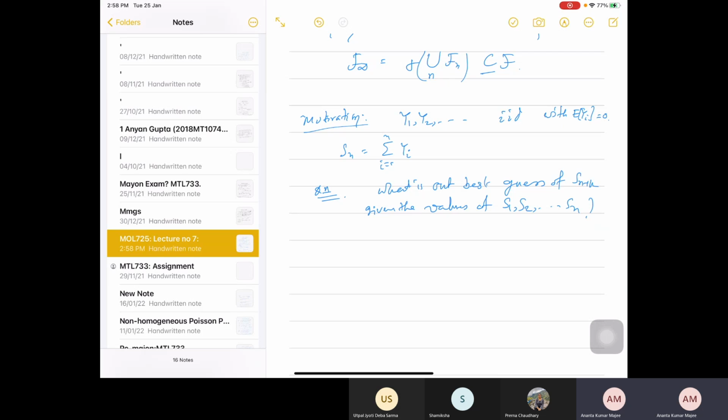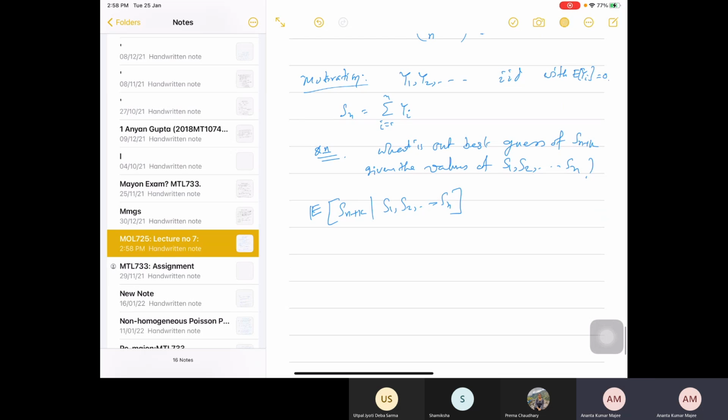So for this, let us observe the expectation of S of n plus k given S1, S2 and so on. As I said, you can put S0 equal to 0. So then what is this?